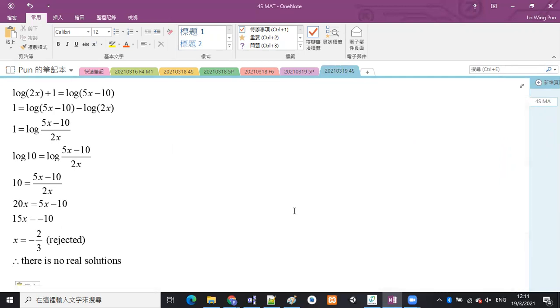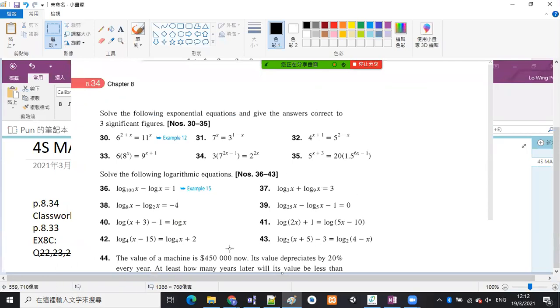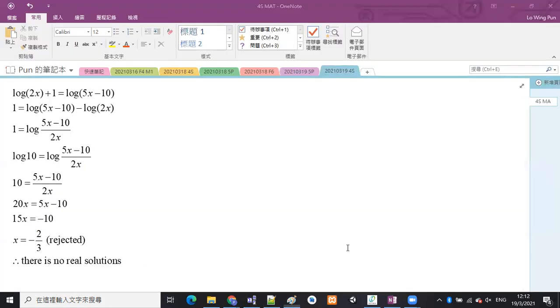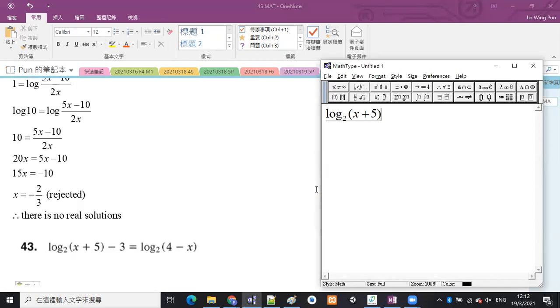Okay, 好，最後做埋第43條啊。Luckily, the logs are of the same base, so we do not need to change the base.